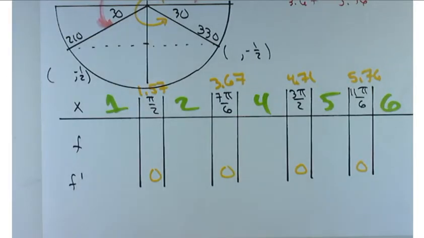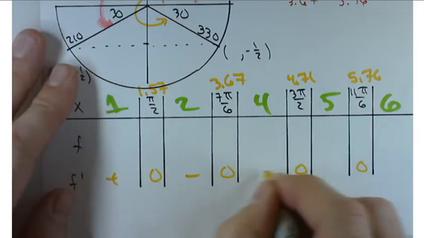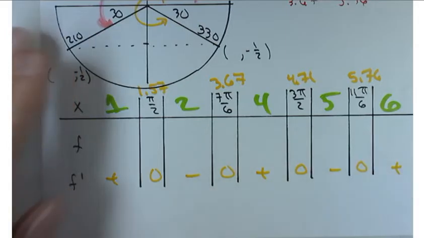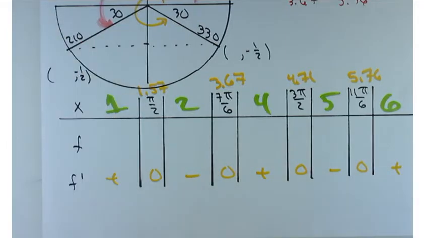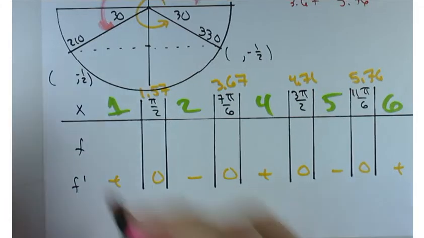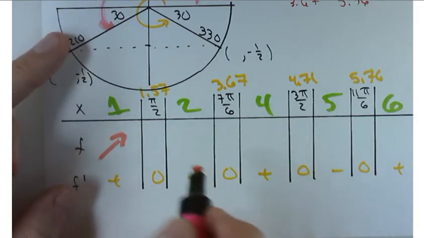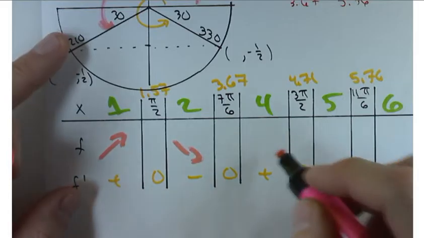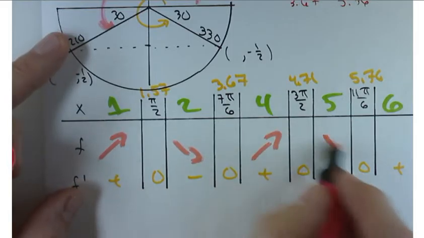Yep. All right. So positive, negative, positive, negative, positive. Perfect. Matt, what's that telling me about my function? That is increasing. Increasing, decreasing. Increasing. Mm-hmm. Decreasing. Perfect.